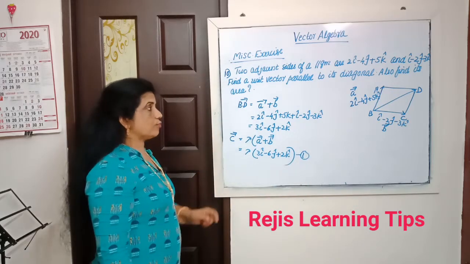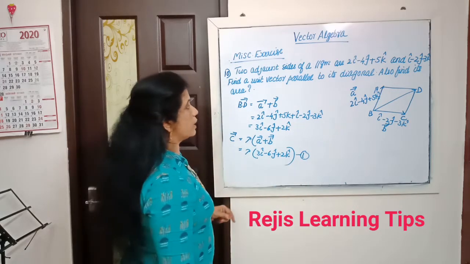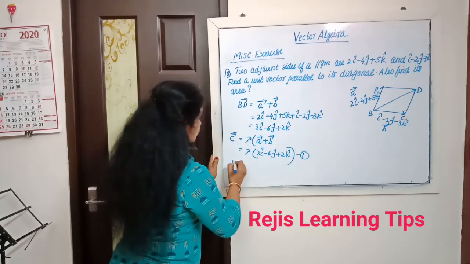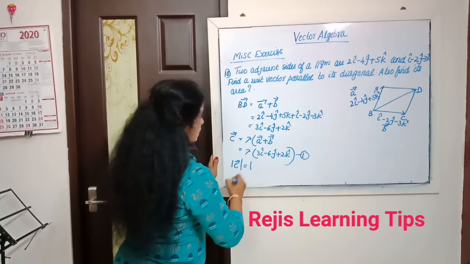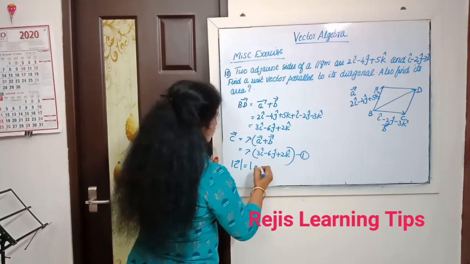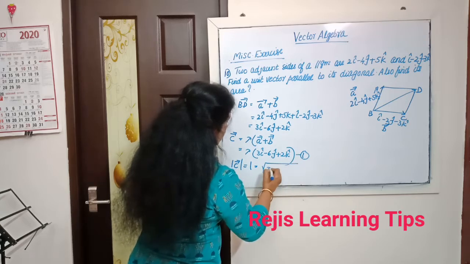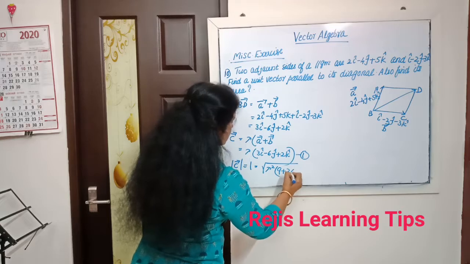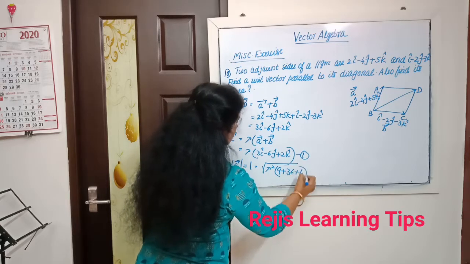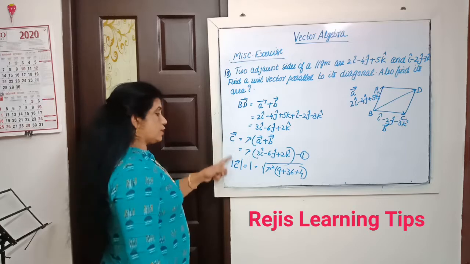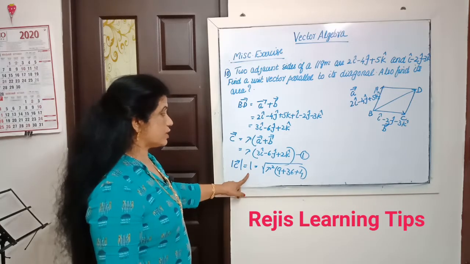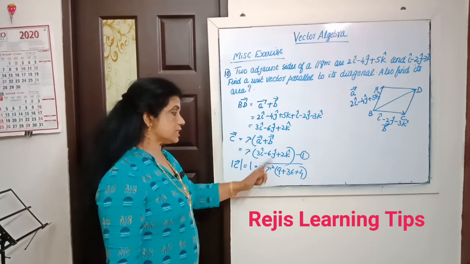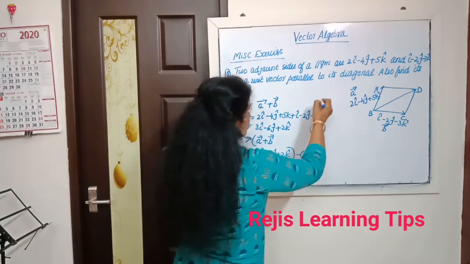Then we should find the value of lambda. How can we find the value of lambda? Because this parallel vector C is a unit vector, the modulus of vector C is equal to 1. So 1 is equal to root of lambda square into 9 plus 36 plus 4.